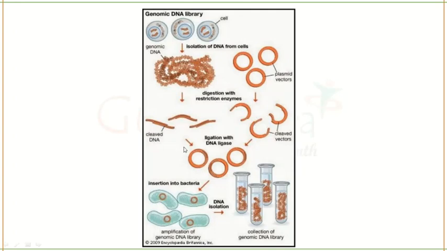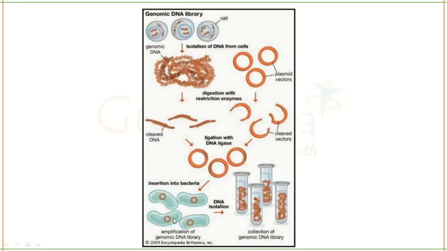Now you're going to ligate the genomic DNA fragments to the plasmid vectors. And finally you will get recombinant plasmid. That recombinant plasmid, you're going to transform into a bacteria, say E. coli. Then you're going to amplify it. You're going to create multiple clones of the DNA.